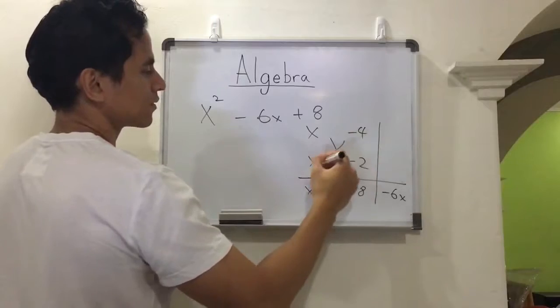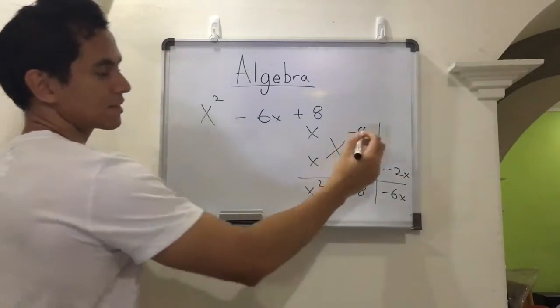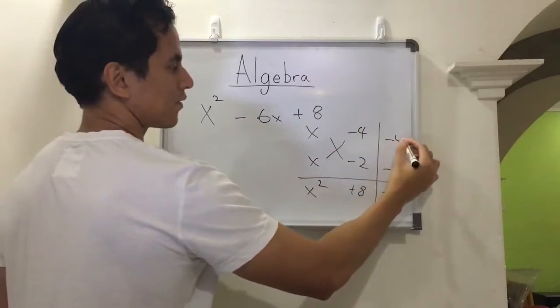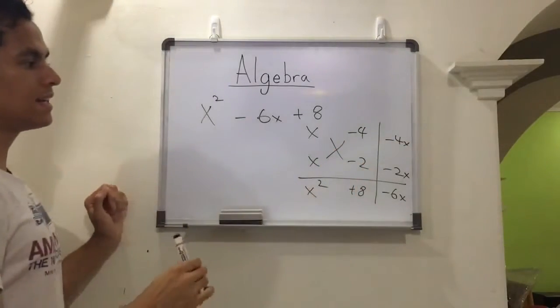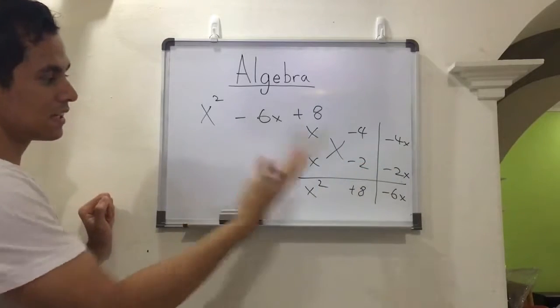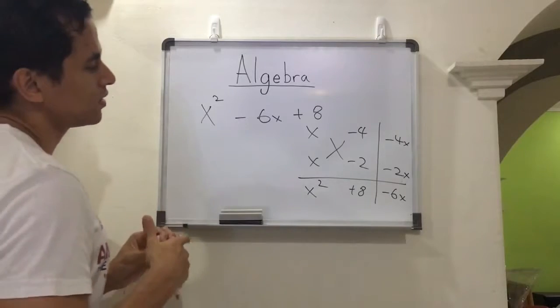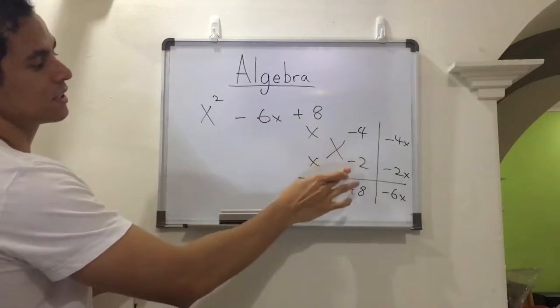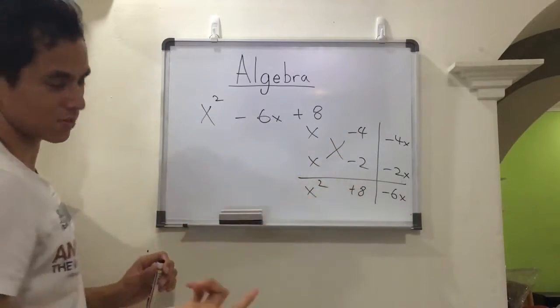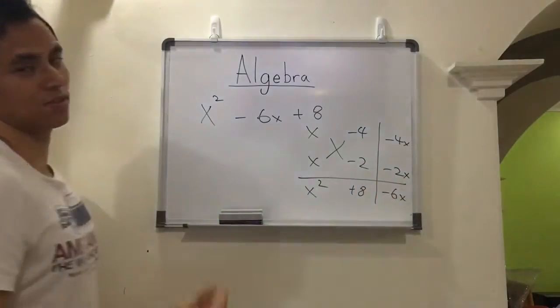So I multiply across, x times -2 giving us -2x, x times -4 giving us -4x, and then I see that hey, these two adding up gives us -6x, so this is correct. Okay, so because -4 times -2 gives us 8, it's also correct. And -4x plus -2x gives -6x, so it's also correct.